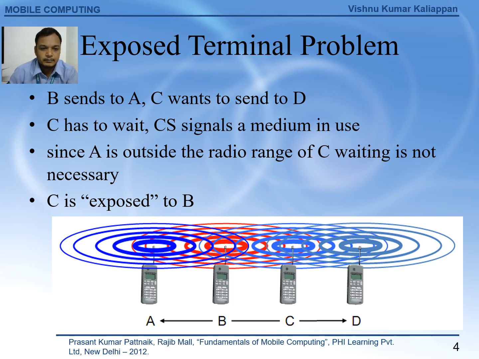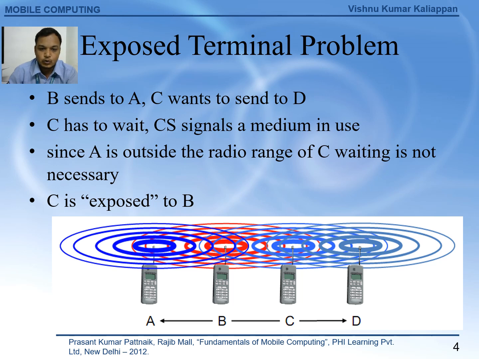That is given as B sends to A, and C wants to send the data to D. C has to wait because B is sending the data to A, and since node C comes under the coverage range of B, it is not able to send the data to D, even though there is no communication between B and C. It cannot send the data to D until the data transmission between B and A gets completed. C has to wait for its turn.